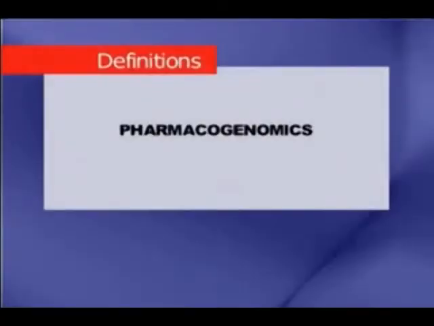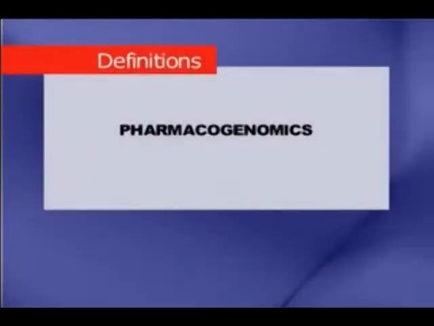Now, let's talk about the second terminology. It's called pharmacogenomics. Everyone is familiar with this technology, and it has been used in a very wide interpretation. Essentially, when we talk about personalized medicine, some people talk about pharmacogenomics. Basically, when you're using genetic information in general, we call it pharmacogenomics.